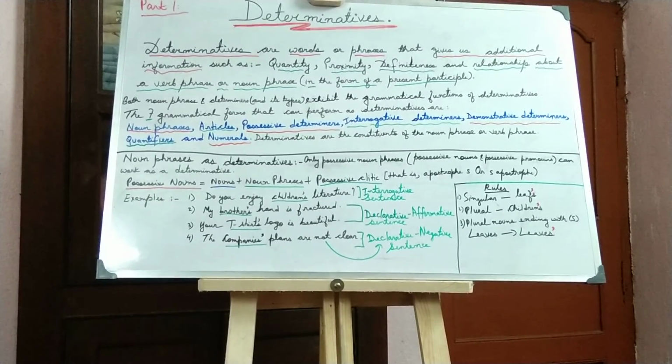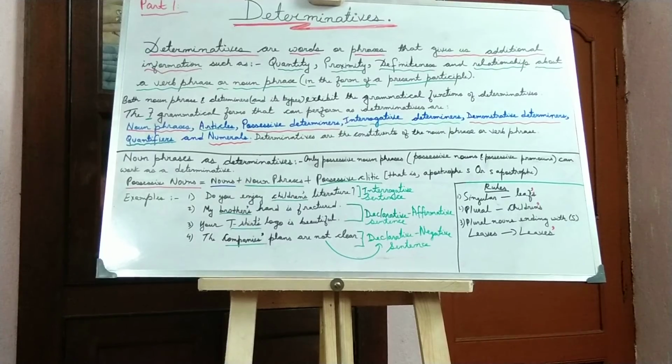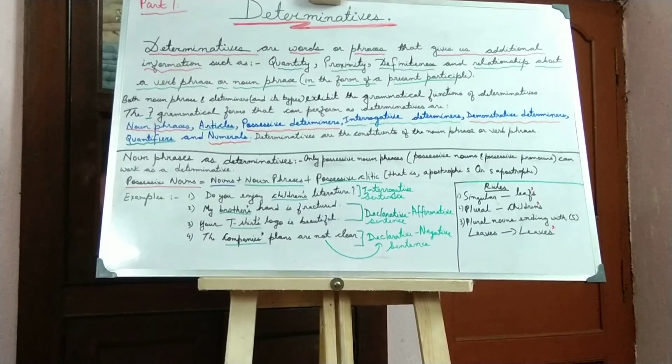Coming to the last example, companies. It is a plural noun, so the singular spelling is COMPANY and the plural spelling is COMPANIES. So after the S, put only the apostrophe. Similarly, we can see the rules which I have written in the right hand side bottom. Suppose the singular word is leaf, L-E-A-F.